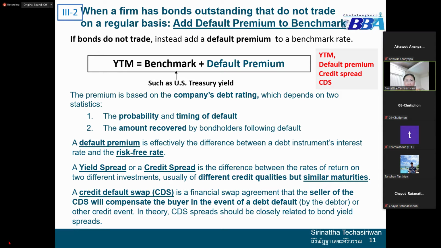If we want to be strict with the definition, a bond is supposed to be a long-term debt paper issued by a company with collateral. And when we say government bond, it is guaranteed by the government, so we call it government bond. But for corporates, normally we refer to it as a debenture.